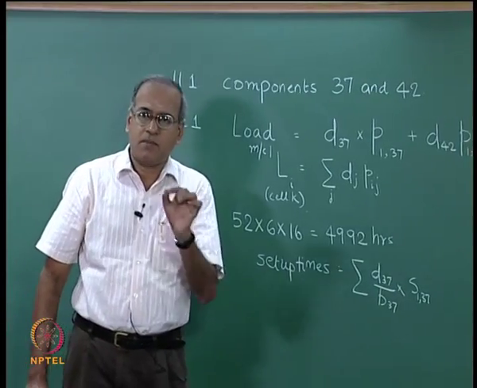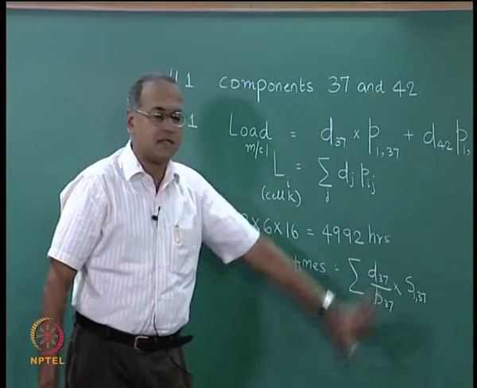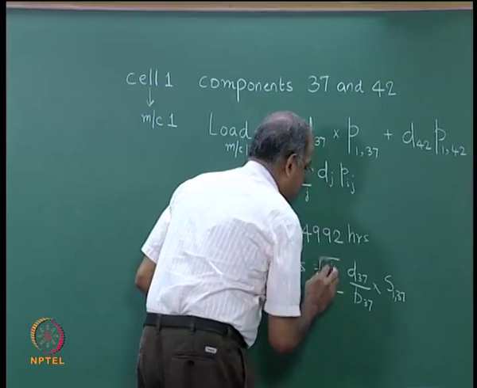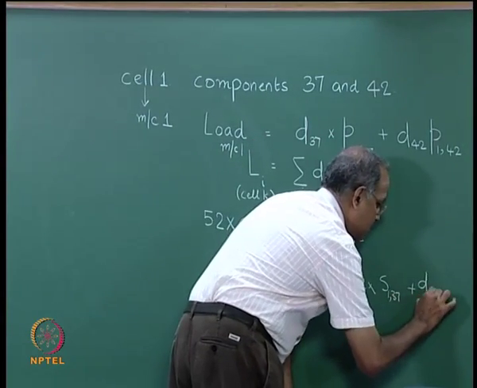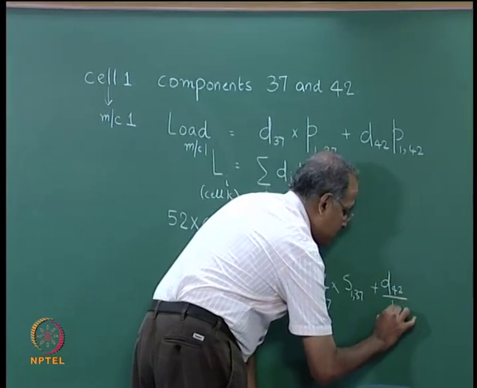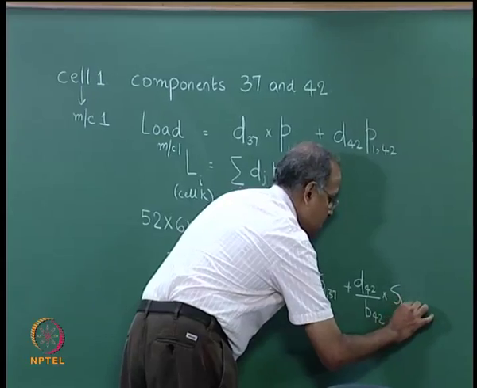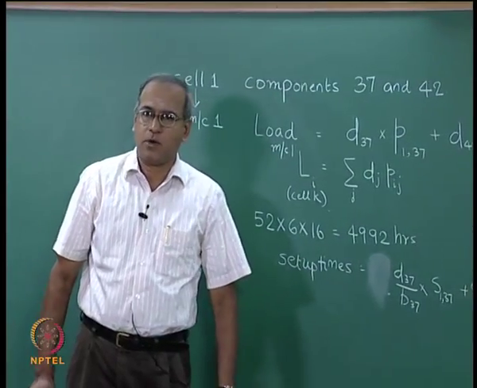Every time we make this component 37, there is a setup time. So, this will be the setup component, plus, if I take out the summation, D42 by B42 into S1,42. So, this will be the total setup time required.